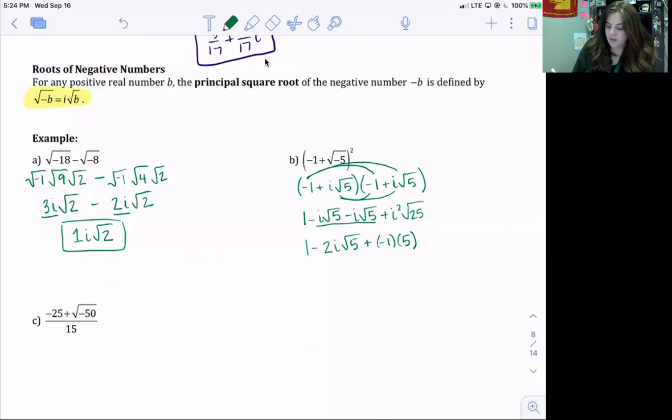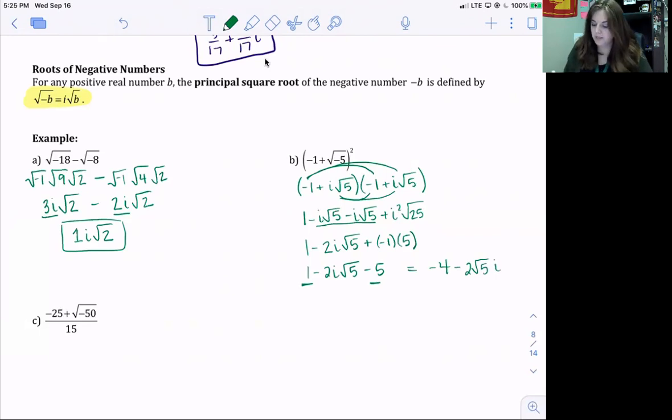Negative 1 times 5 is negative 5. So it's 1 minus 2i square root of 5 minus 5. Then combine like terms. 1 minus 5 equals negative 4. And then we have minus, and I'm going to kind of change this, 2 square root of 5. And then I'm going to move that i to the end, so that way it's in our a plus bi form.